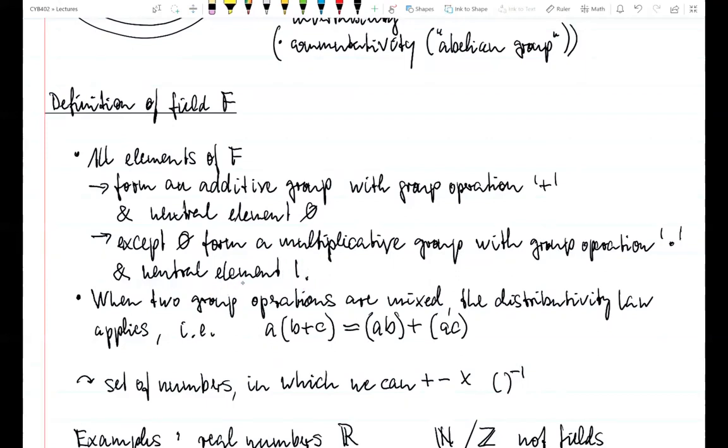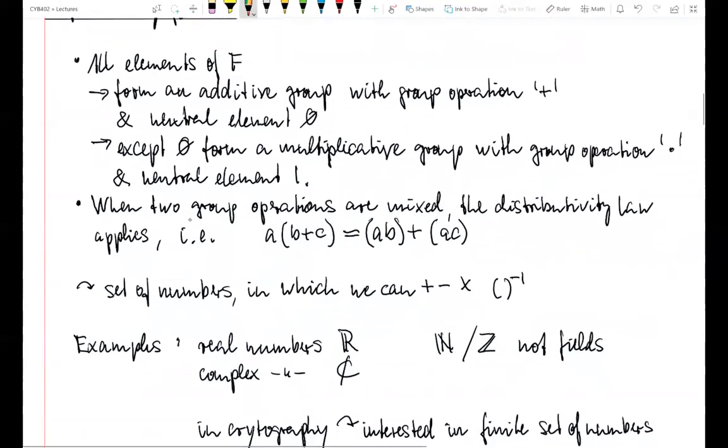So convince yourself, and that was already in the last homework, that if we have an element and its inverse, and we multiply those modulo the prime number of the corresponding group that those elements belong to, it's 1. Okay, so when 2 group operations are mixed, the distributivity law applies.